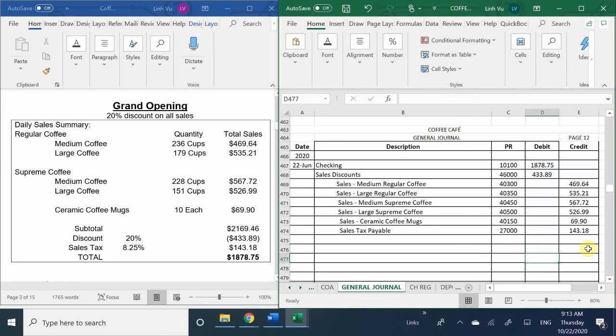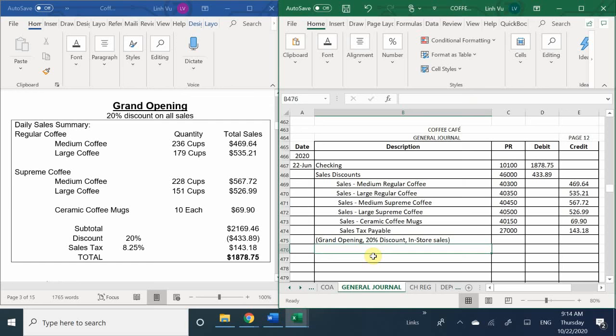And then for the comment in parentheses, I put grand opening, comma, 20% discount, comma, in store sales. Good.